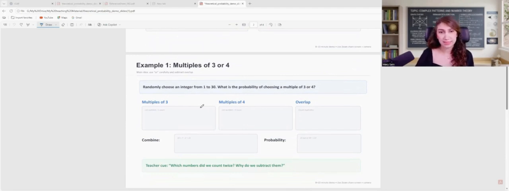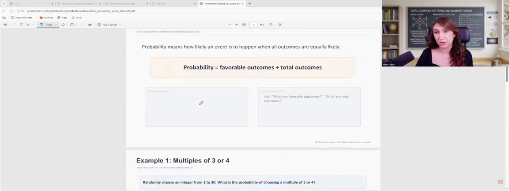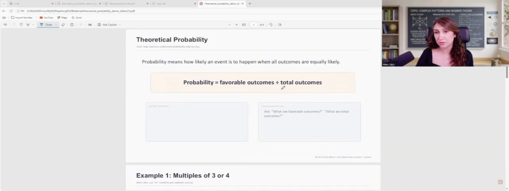In this example, it says randomly choose an integer from 1 to 30. What's the probability of choosing a multiple of 3 or 4? So what we know from the example is that we randomly choose an integer from 1 to 30.